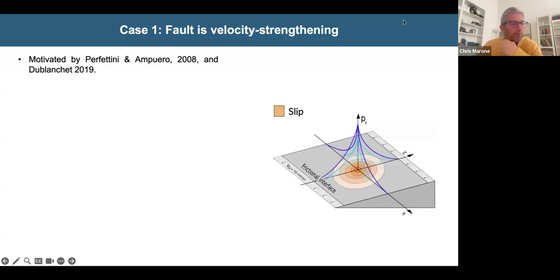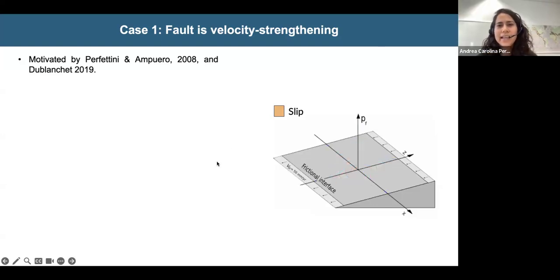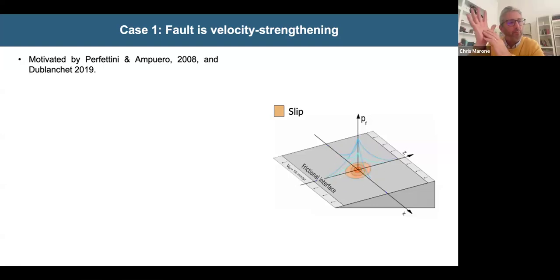Andrea, it's Chris. Just to clarify a couple things that you said. In the model you don't include a normal stress effect on the state variable, the so-called Linker and Dieterich term. You don't consider it? I don't include it for the velocity strengthening case, but I did include it for the velocity weakening case. Okay. And then you said at one point that you didn't really include coupling between permeability and changes in fault properties, but it looks like you have something like that in there because the diffusivity changes.